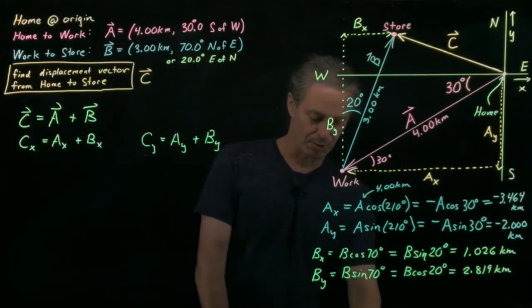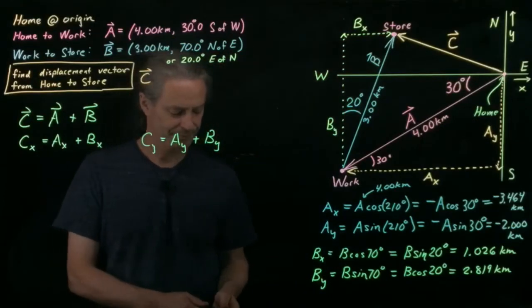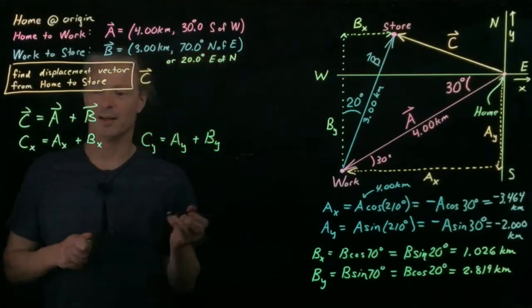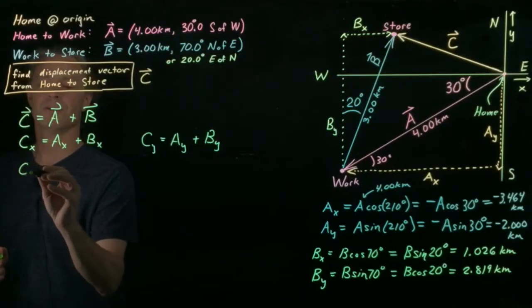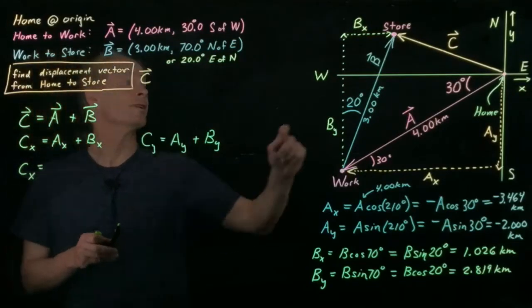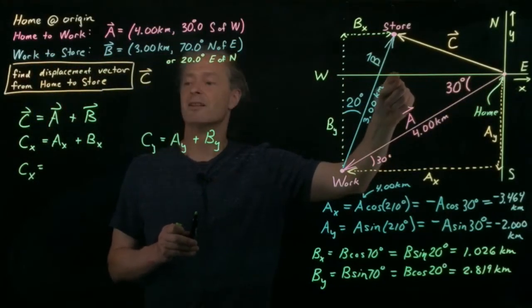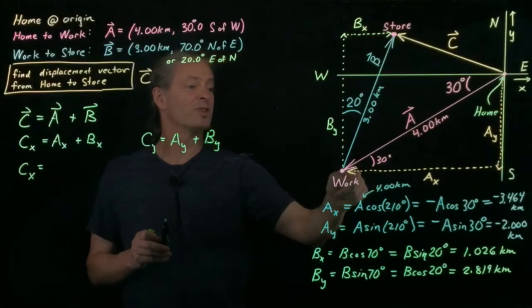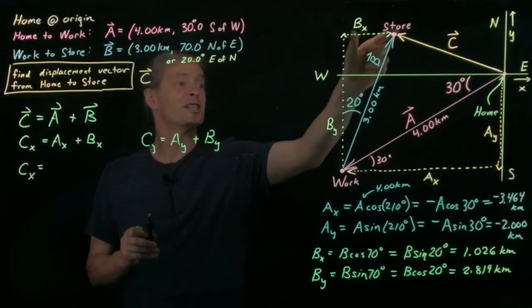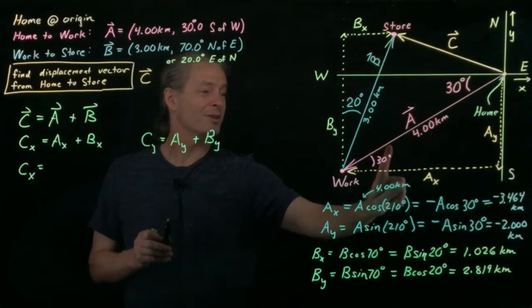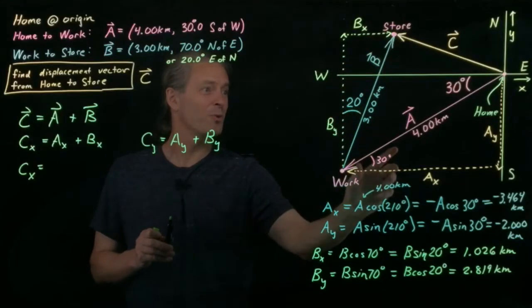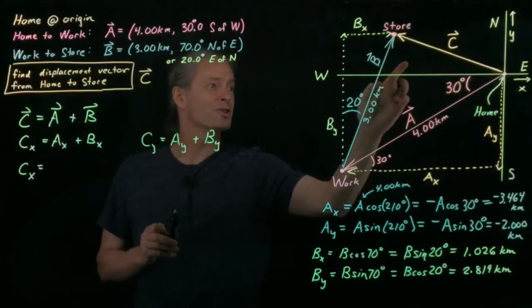All right, so let's put this all together. We've got c sub x, the x component of vector c. That'll be a sub x, which gives us a negative amount, and b sub x, which brings us back positively this way, which will leave us with just this amount.